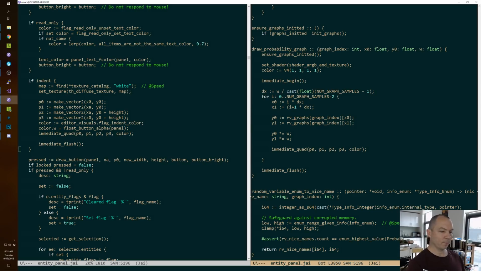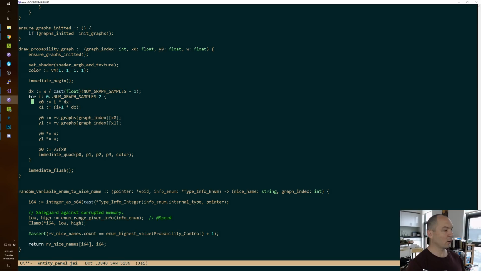So, what are P0, P1, P2, and P3? Well, P0 is going to be a vector 3 of x0, let's call this corner x, corner y. So x0 is going to be corner x plus x0, and corner y plus y1 times w.